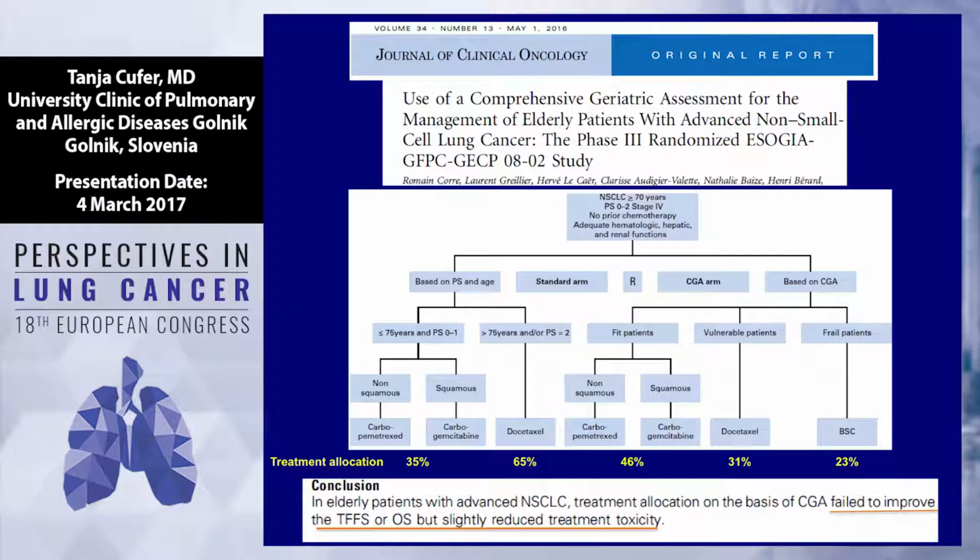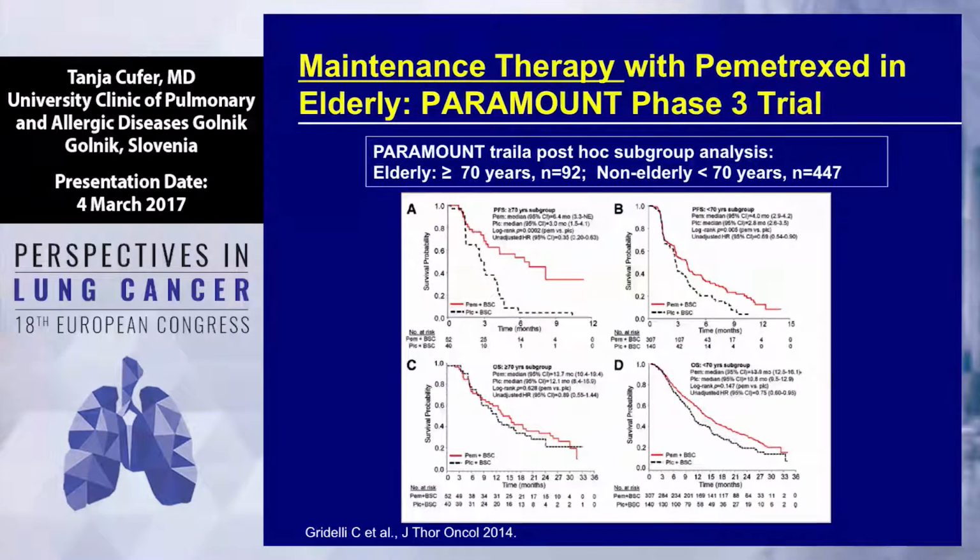In this particular study, unfortunately, the overall survival was not better in patients allocated to polychemotherapy or monotherapy based on comprehensive geriatric assessment. But there was less toxicity. So we need to think about the geriatric assessment when you decide about the chemotherapy in your patients.